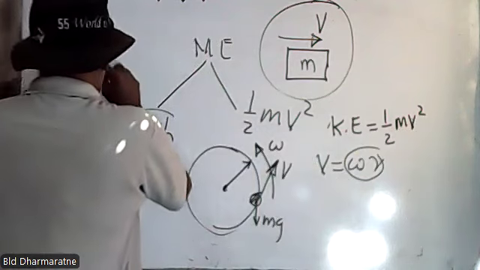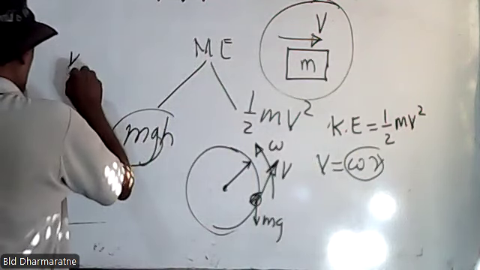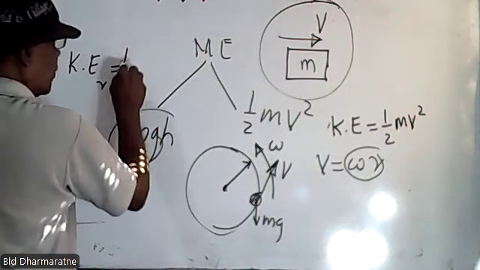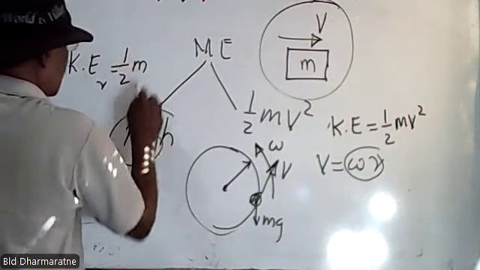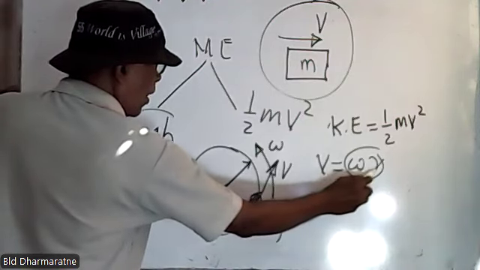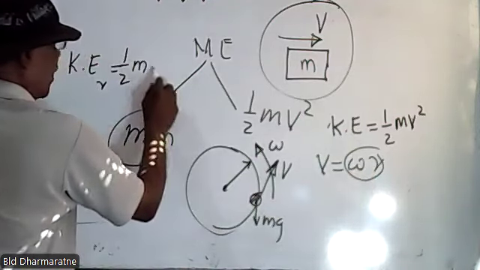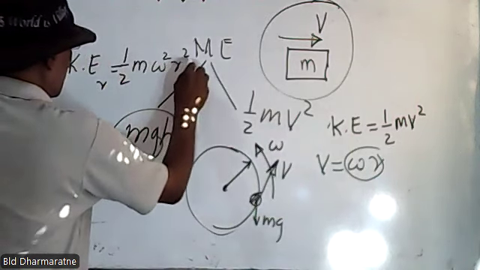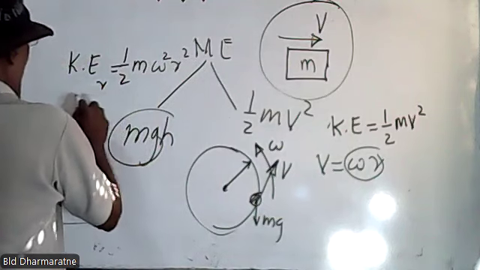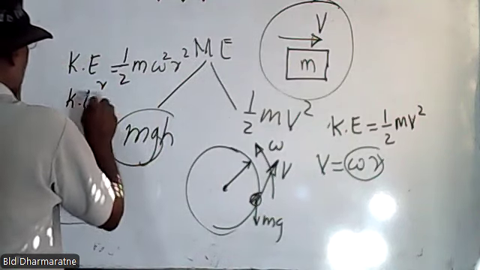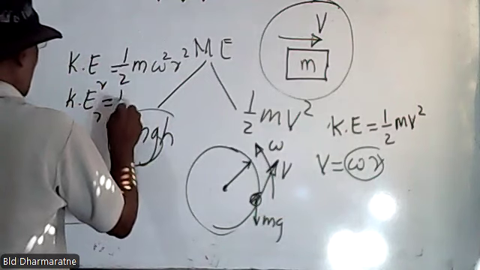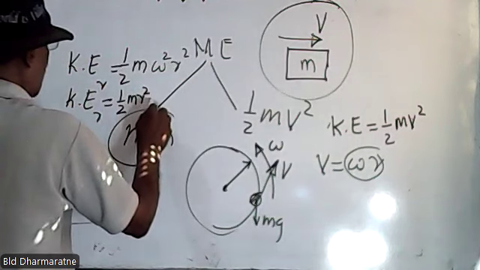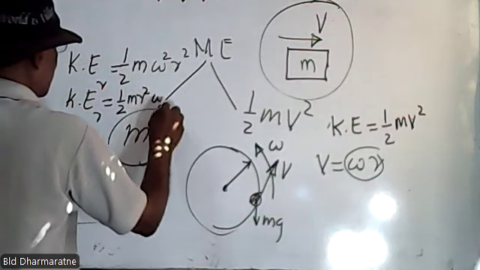Then the rotational kinetic energy equals half m into v squared, that is omega squared r squared. Kinetic energy rotating equals half m r squared into omega squared.